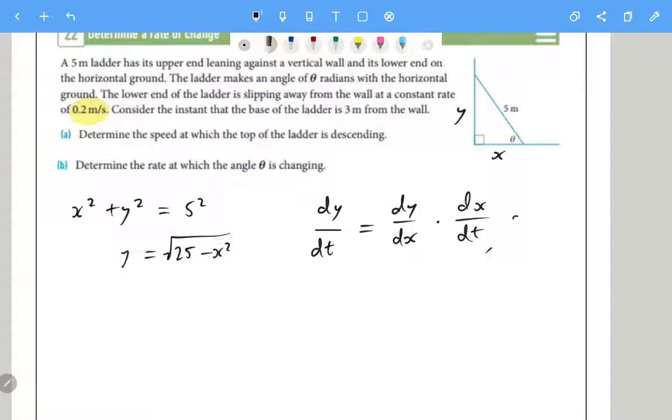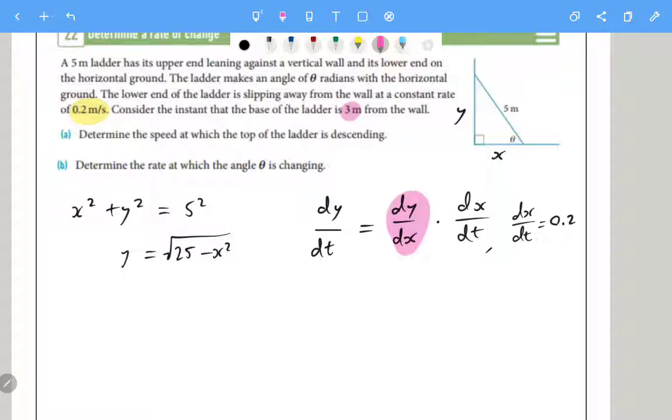So we know dx/dt is just 0.2, right? Because that's what it says. The lower end is slipping away from the wall at a constant rate. So all we now need to work out is this, in particular, at x equals 3.